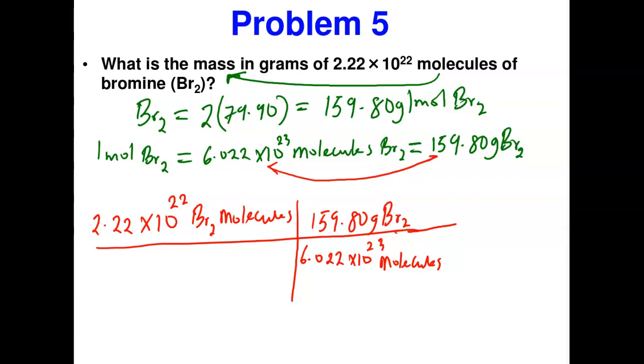Let me go back, I didn't put my bromine. This will be Br2. So if you cancel again, this will cancel this. And when you multiply this by this and divide by this, you're going to get what mass? Make sure you punch this correctly into your calculator. The answer you will get will be 5.89 grams of Br2.